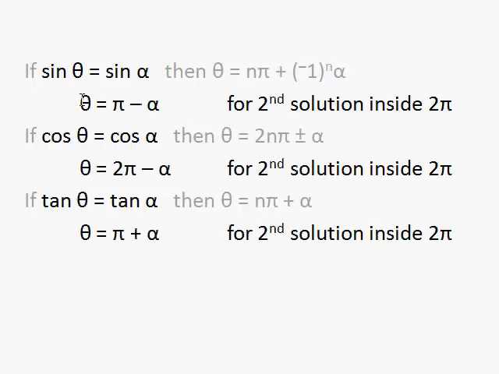For sine, it's pi minus the first solution. For cos, it's 2 pi minus the first solution, and for tan, it's pi plus. What you need to do to generate those is to stick n equal to 1 in each of these equations, and you will get the correct answer. So you don't need to worry about multiple solutions, you just need the first solution, which is when n is equal to 1.